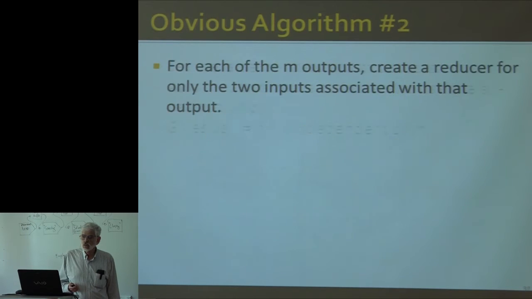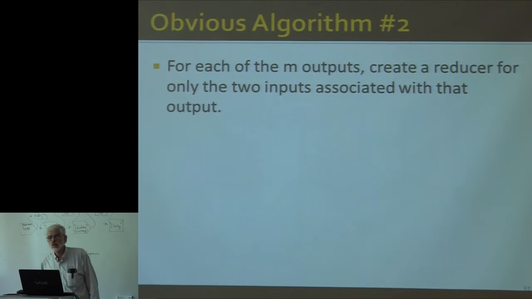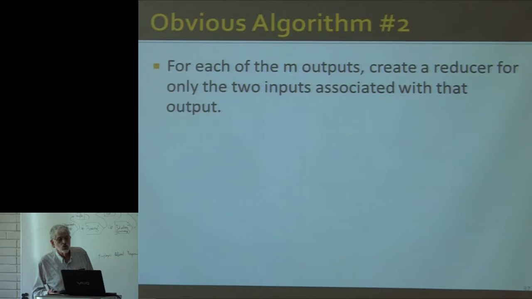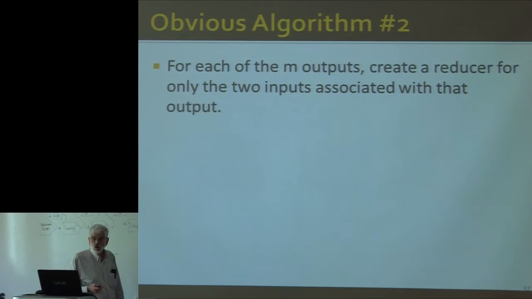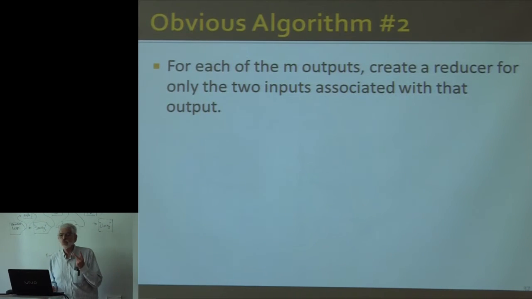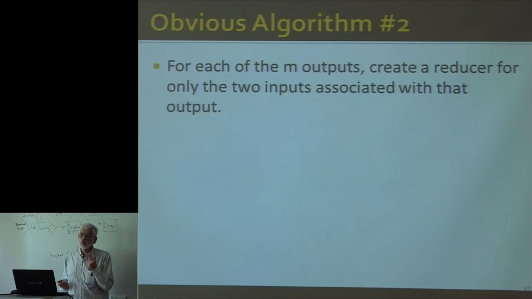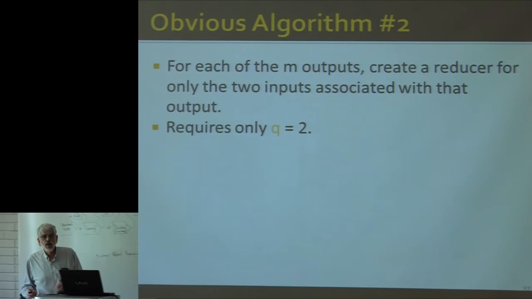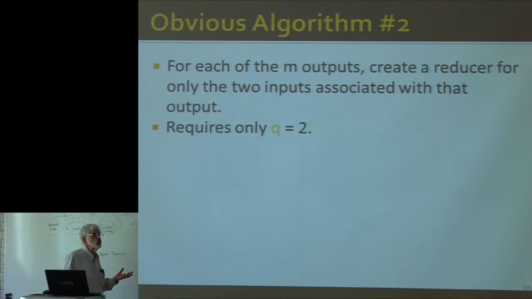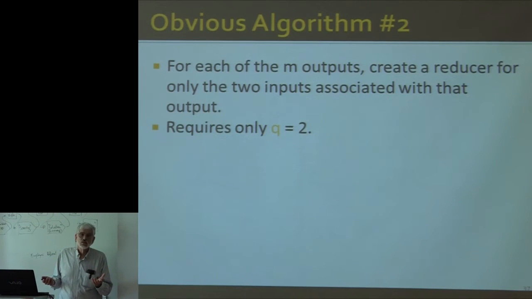Well, there's another obvious approach which does depend on m, where you create one reducer that will receive only the two inputs associated with that output. So that, hey, we only need q equals 2, right?